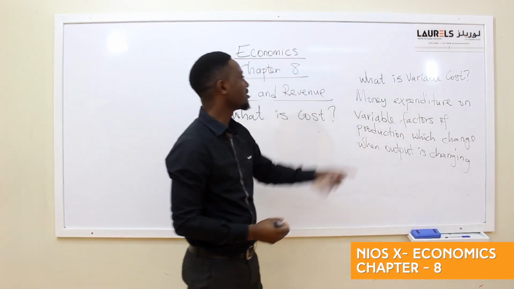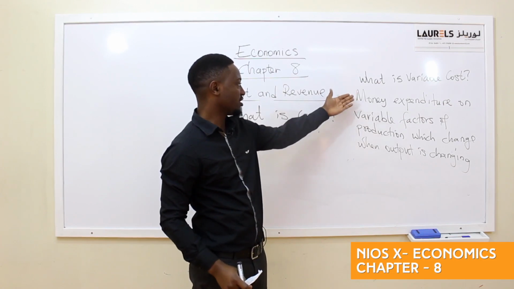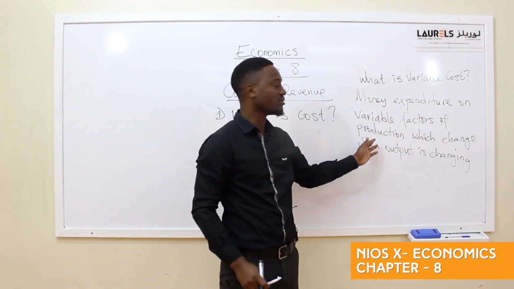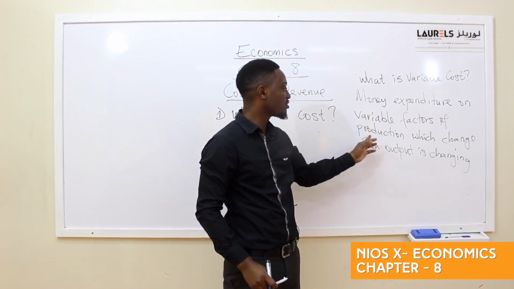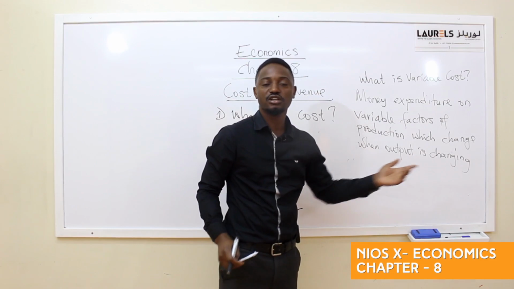So this is what is considered as variable cost. It is money expenditure on variable factors of production. Thus, variable factors of production are factors of production which change when output is changing.